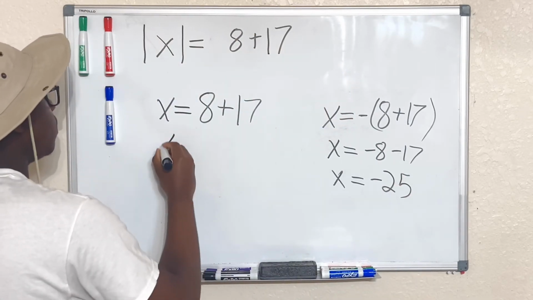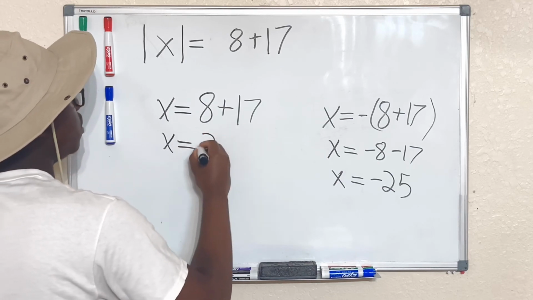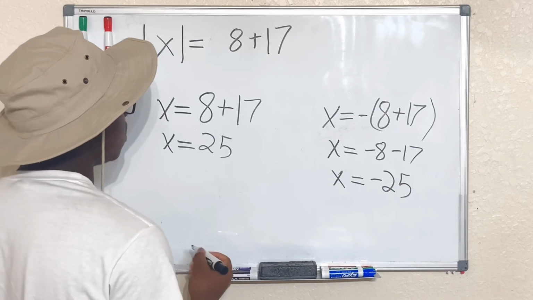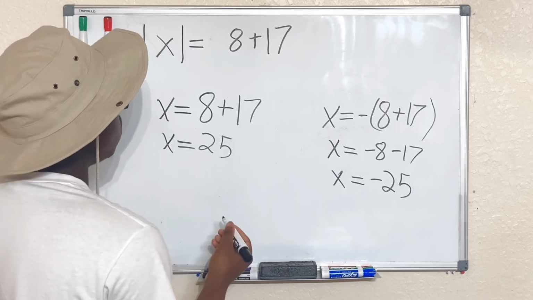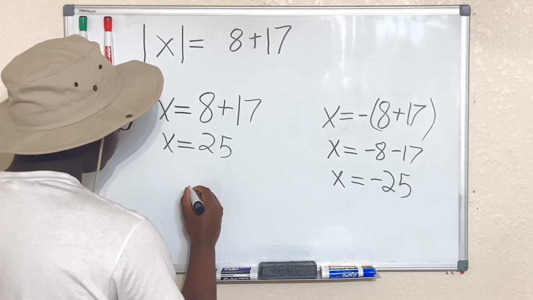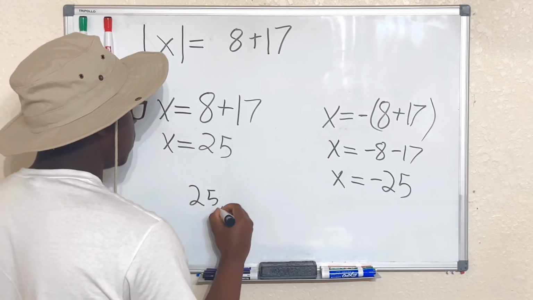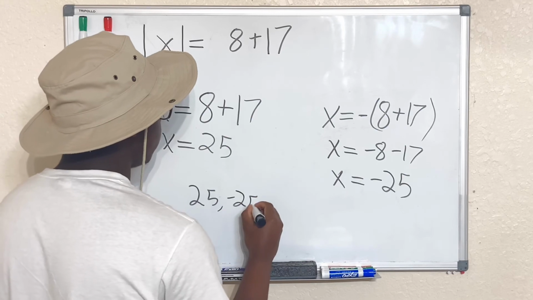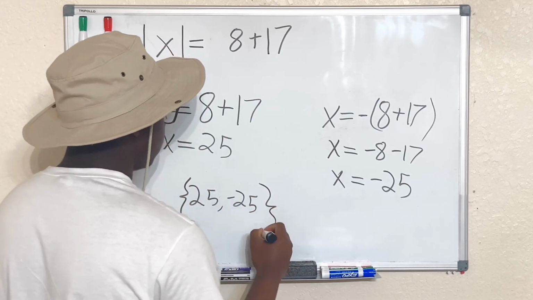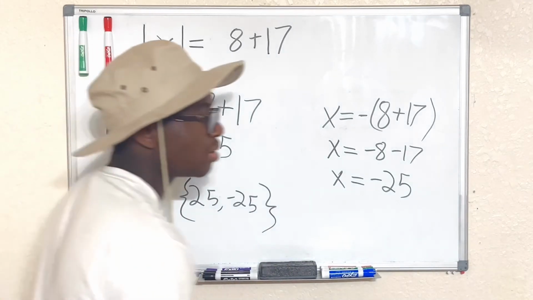What does that give you? x is equal to 25. So our two values for this equation that could possibly work are 25 and negative 25. And these are our two answers.